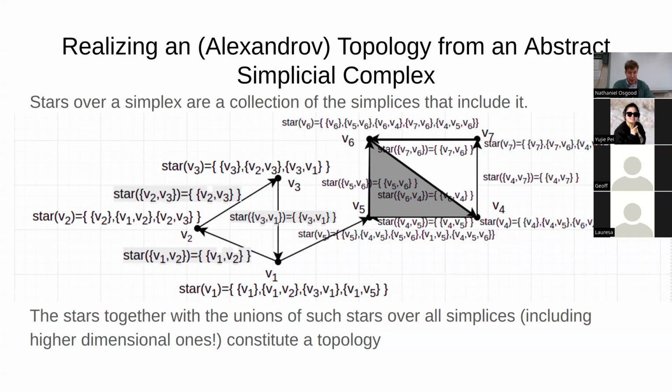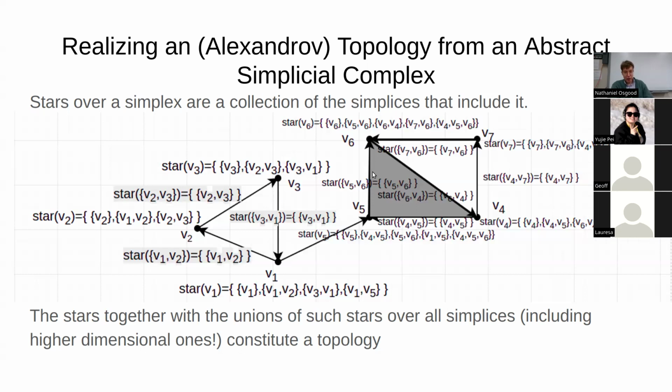So if we take the intersection, for example, of the star of V1, V3 and the star of V1, we get the star of V1, V3, which is indeed the star itself, right?